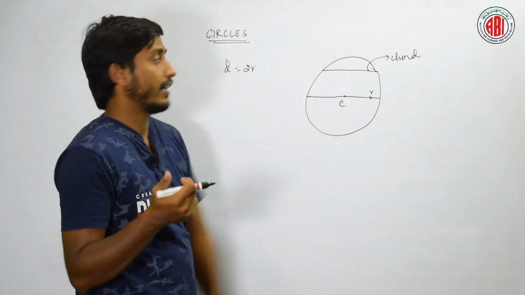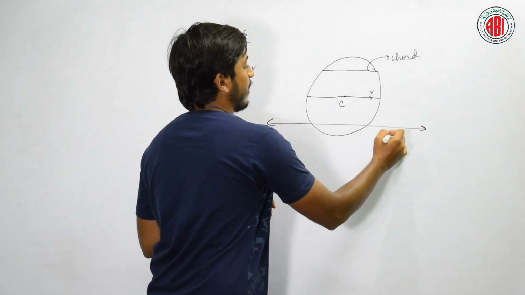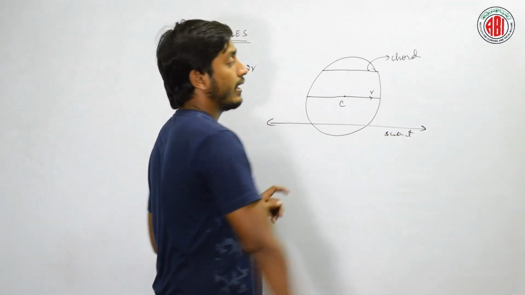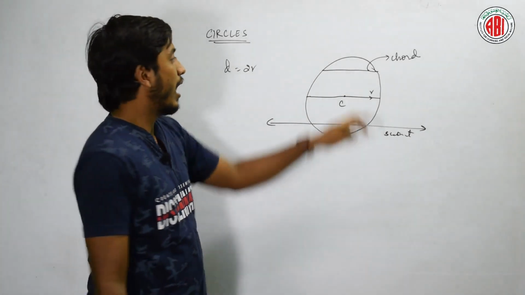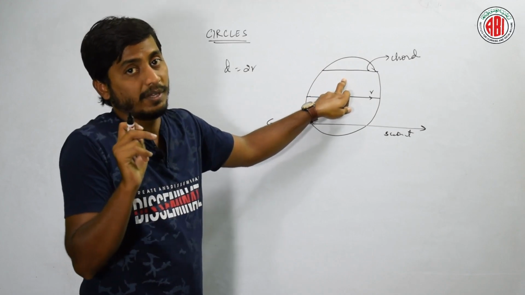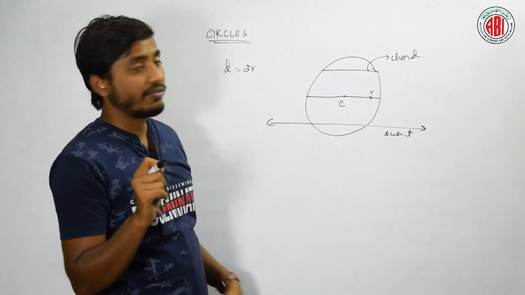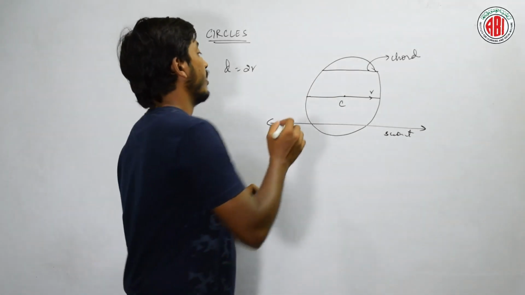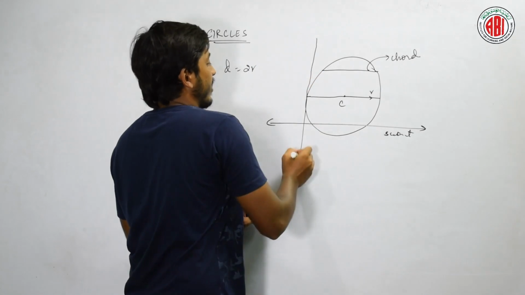A few more things, such as the secant. What is a secant? A secant is a line which passes through a circle. A chord is just a line segment which is inside a circle. Remember. And one more is the tangent. Mostly you may not have this, but let us learn what a tangent is.